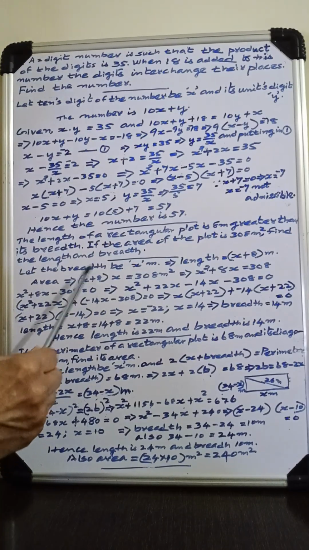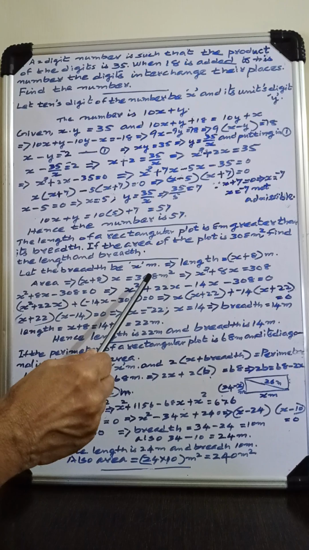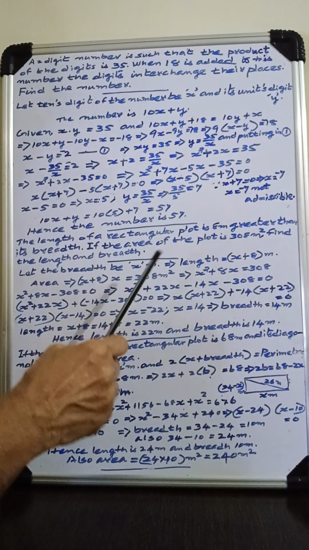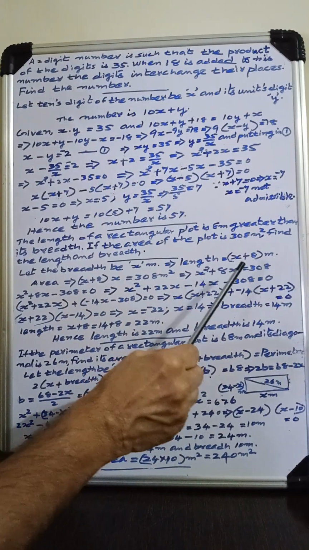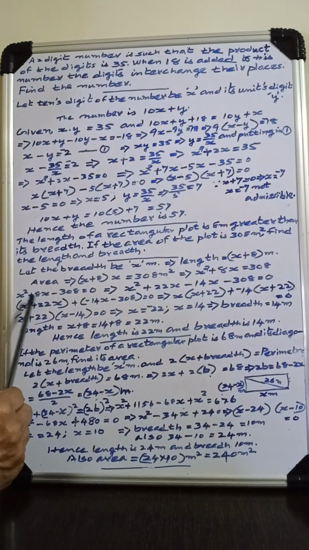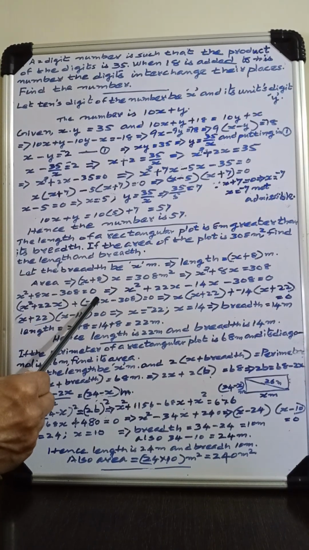Area equals length into breadth, x plus 8 into x equals 308 meters squared. That is given in the question. Therefore, when expanded, x squared plus 8x equals 308. That is x squared plus 8x minus 308 equals 0.